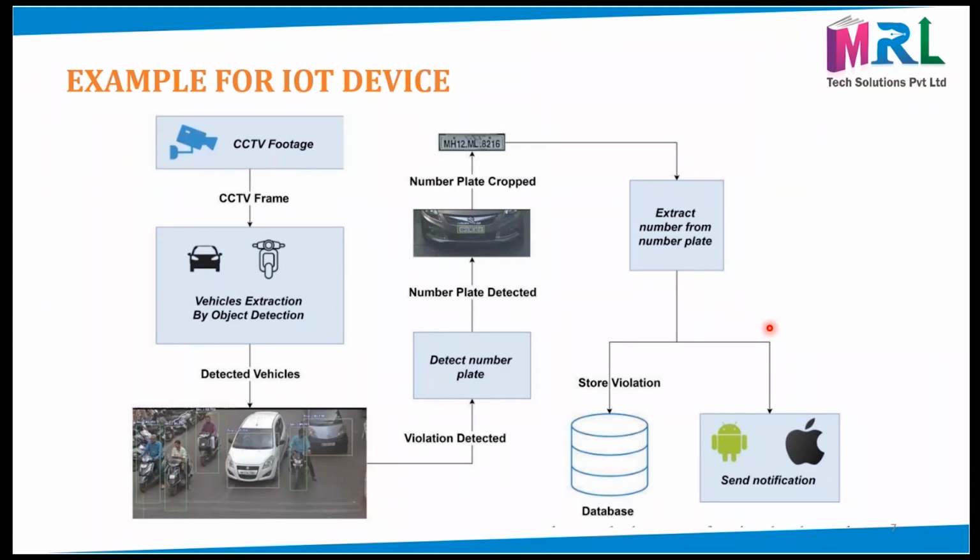From that frame, it will detect the number plate numbers and match that number to the corresponding person's mobile phone. Based on the rule violation, it will generate a fine. That fine will be sent to that particular person's mobile, either by SMS or through WhatsApp. So these are the things that happen in the current traffic rule violation system.